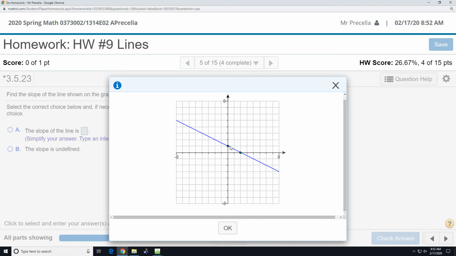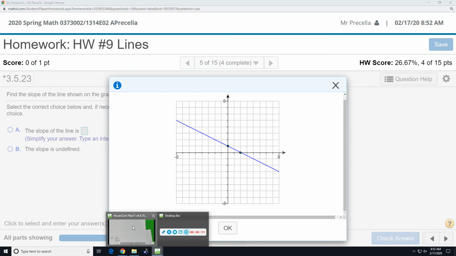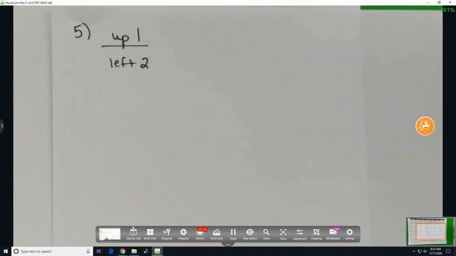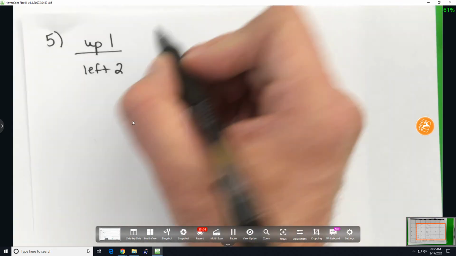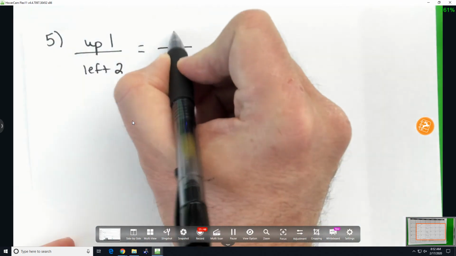Problem number 5. There's really not much scribble to get this answer. Up 1. I know you don't see what I'm writing yet. Okay. We went up 1 and left 2. Up is positive.